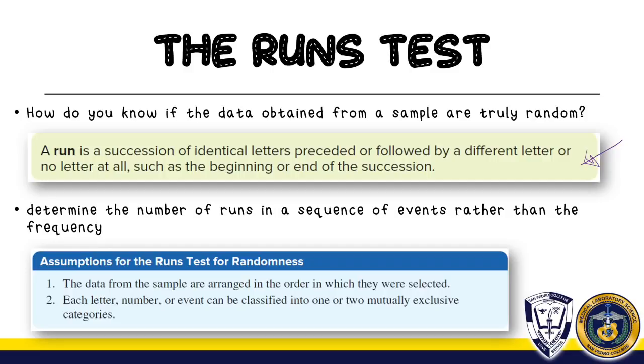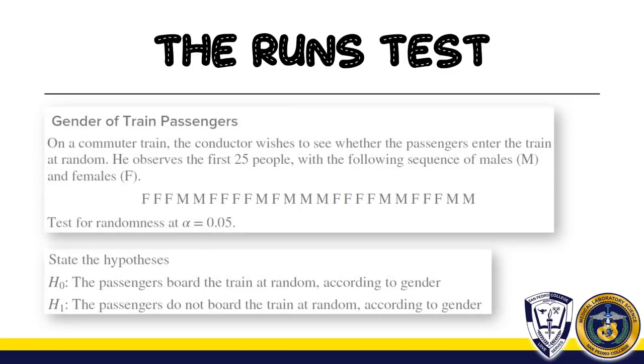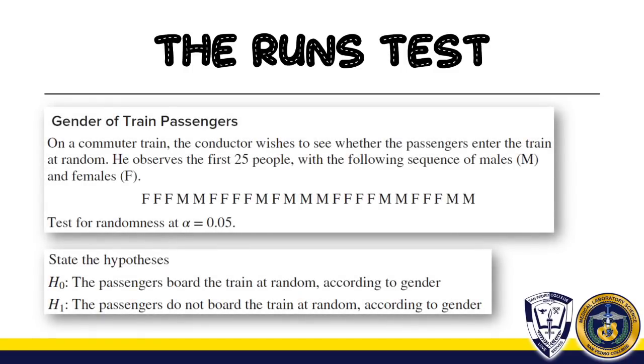Okay, so for you to understand it better, let's have this example, entitled gender of train passengers. Let me just read the problem. On a commuter train, the conductor wishes to see whether the passengers enter the train at random. So he observes the first 25 people with the following sequence of males and females.